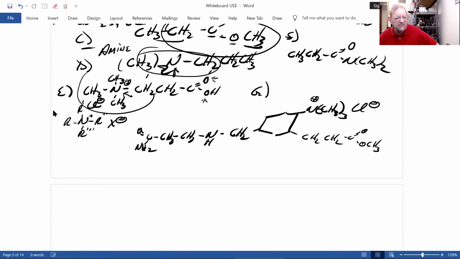And what is this? A quaternary ammonium salt. And over here we have a carboxylic acid.